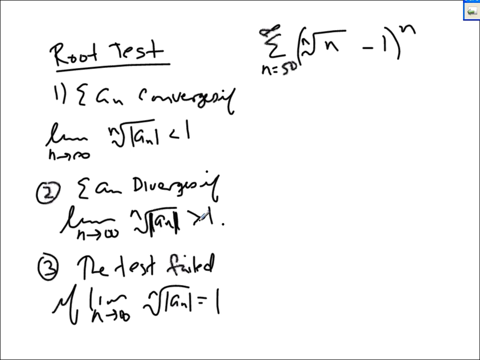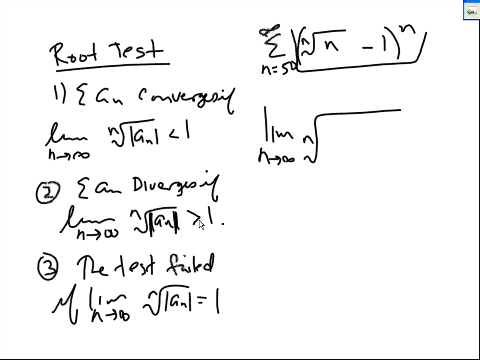It doesn't matter where it starts. Okay, so now what we want to do is take the limit as n goes to infinity of the nth root of that. The nth root of n minus 1 to the nth power.